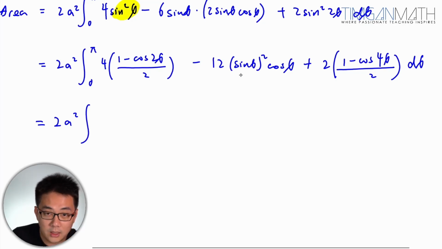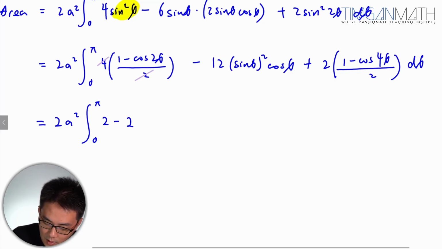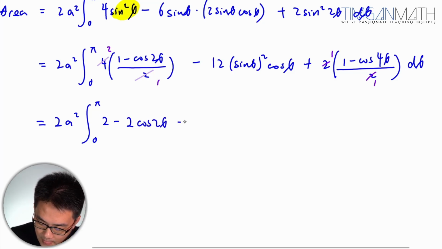I'm just going to bring this to the other side, and this will cancel away. So this will leave 2 minus 2 cosine theta. So we'll cancel this away, right? Multiplying 2 in, we get 2 cosine 2 theta plus 1 minus cosine 4 theta d theta.